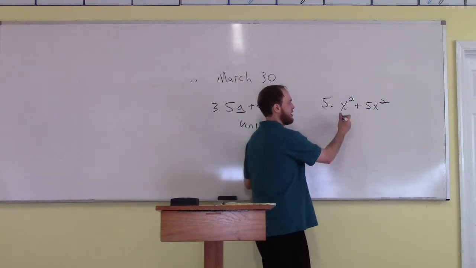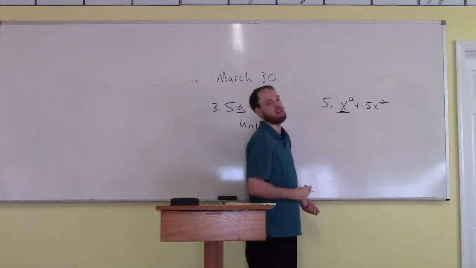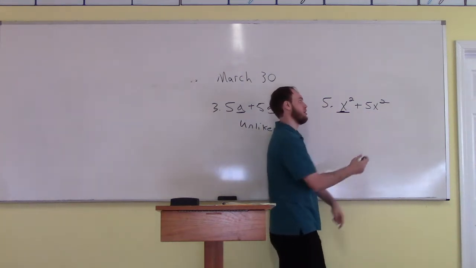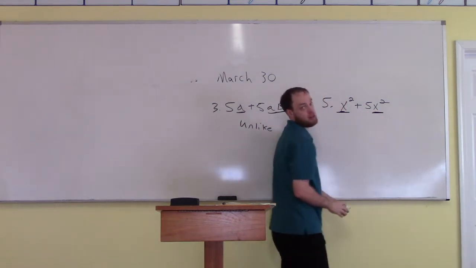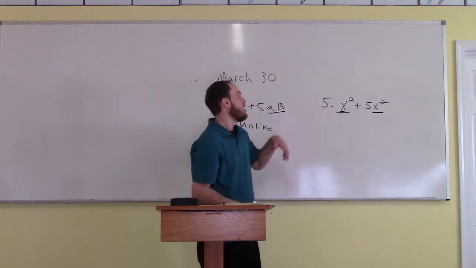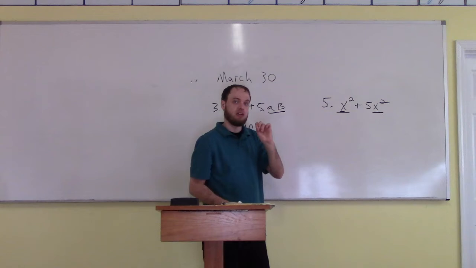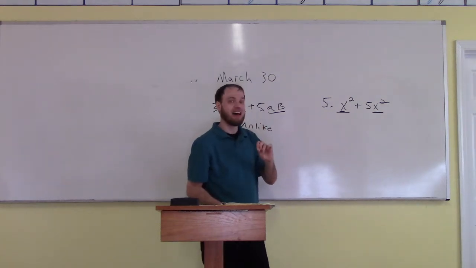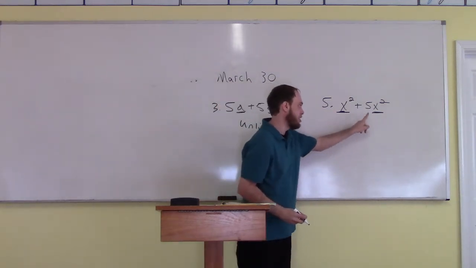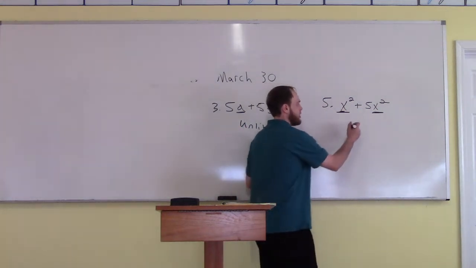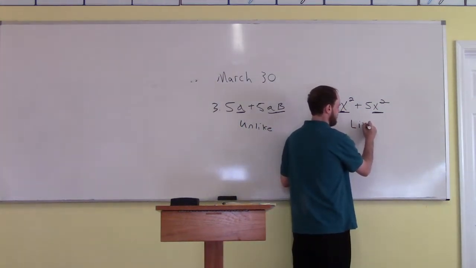So now you're just thinking of x squared as your object. Over here we have 5x squared. So x squared is our object. That's what we're looking at. Now, we have 1x squared and 5x squared, so the number's different, but the important thing is just determining if they're like or unlike. They just have to have the same object that we underlined. So x squared and x squared match, so therefore that would be an example of a like term.